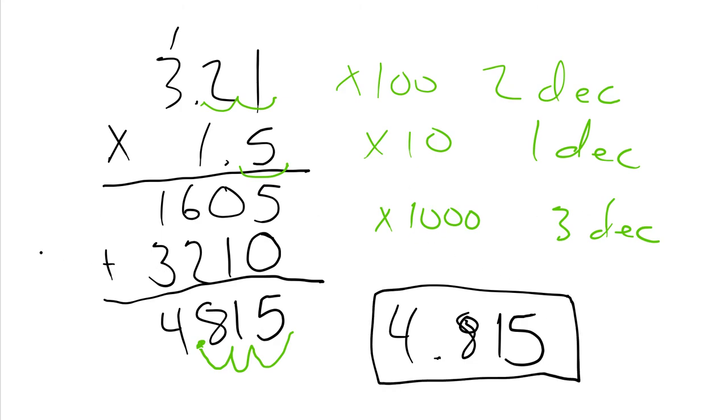That's multiplying decimals. Last up, dividing decimals. Okay, so we have 14.75 divided by 2.5. We want to find the quotient here.